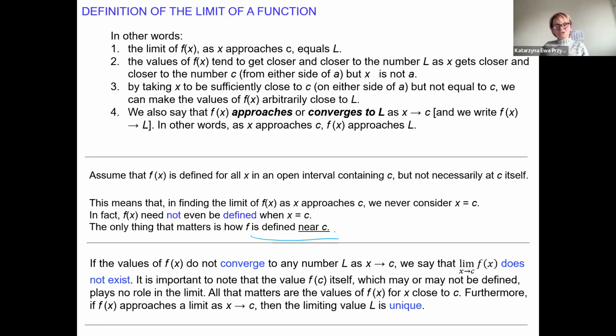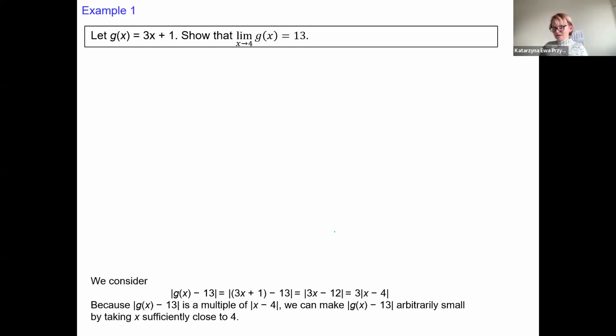We will have situations where the limit does not exist, but let's wait. Let's look at this exercise. We will just try to show, because show means prove. That means it's not a typical exercise for our class, but it's nice to know based on the definition.